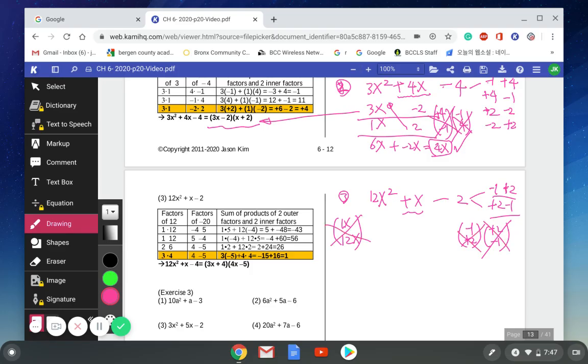Now I can try 2x with 6x. Again, anything with 2x and 6x didn't work out. So I'm trying 3x with 4x. Oh, it was 20.